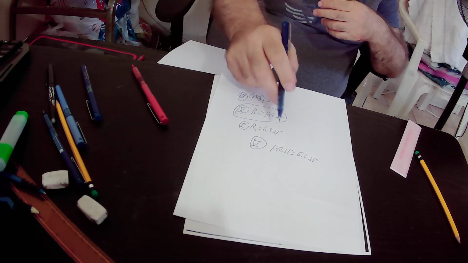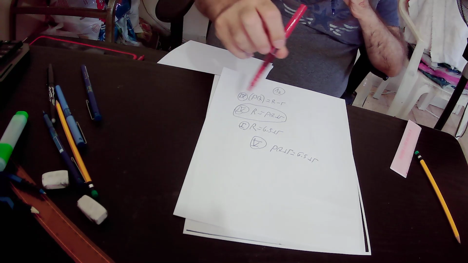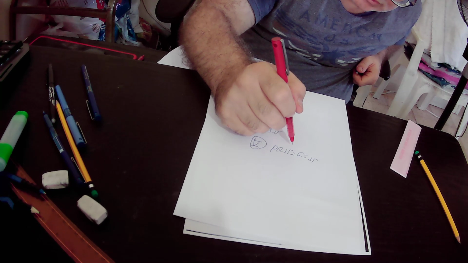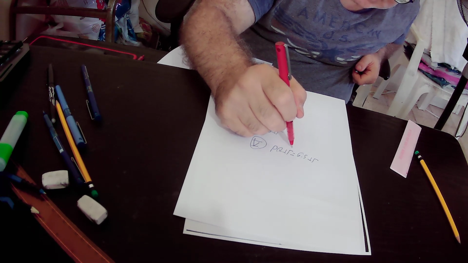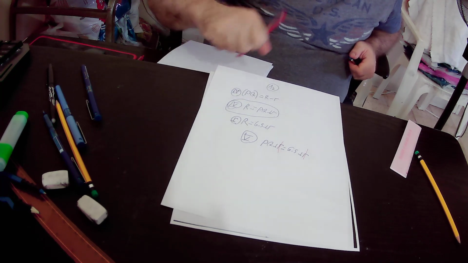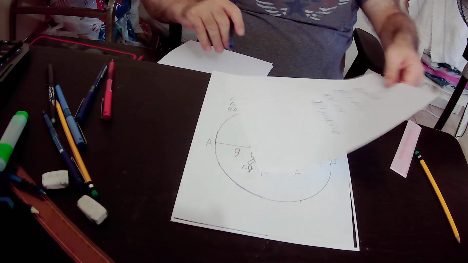We got this equality. Here we have small r on this side of the equation, and we have small r on the other side of the equation, so we can cancel r. After we cancelled r, we got the value of PQ.